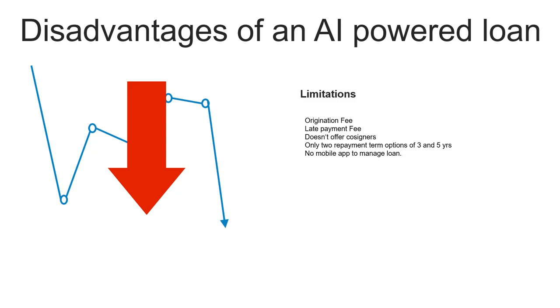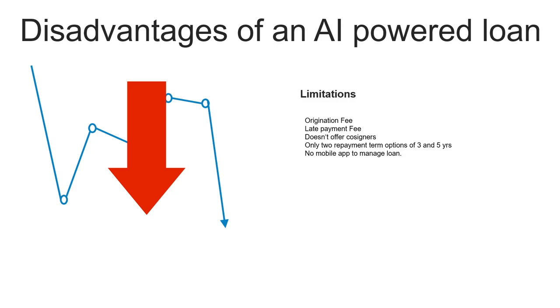It doesn't offer a co-signer, so everyone has to apply individually. And then again, only 2 repayment term options of 3 and 5 years are available. It doesn't provide multiple options of other years, so the only options for consumer loans are 3 and 5 years.